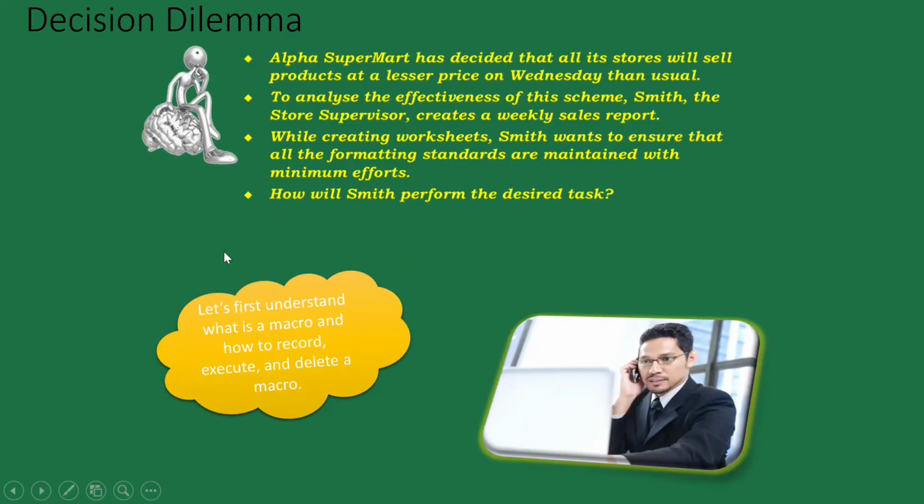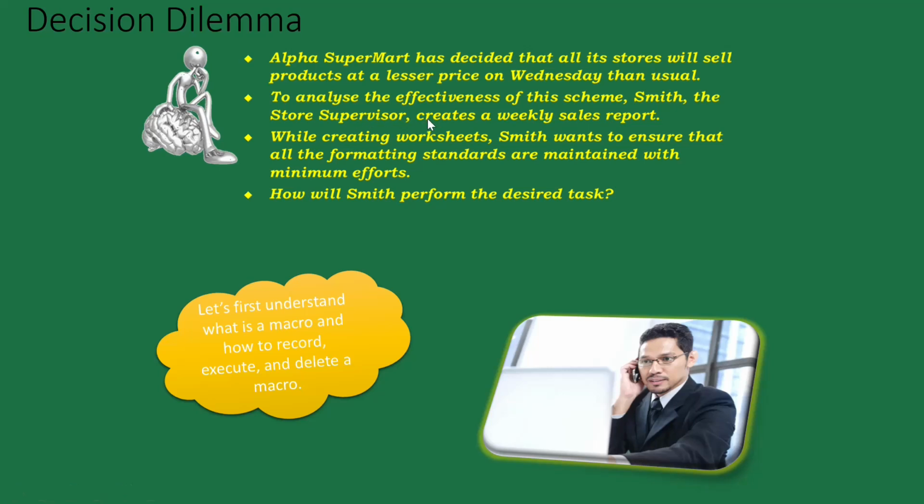So here you can see the case study. First of all, we have to understand the case study, then we're going to carry forward. Alpha Supermart has decided that all its stores will sell products at a lesser price on Wednesday than usual. To analyze the effectiveness of the scheme, Smith, the store supervisor, creates a weekly sales report.